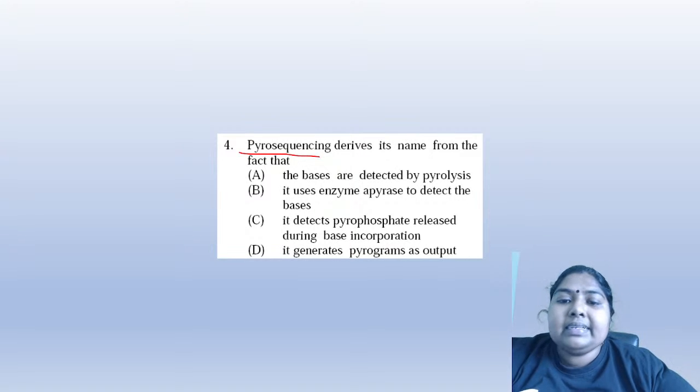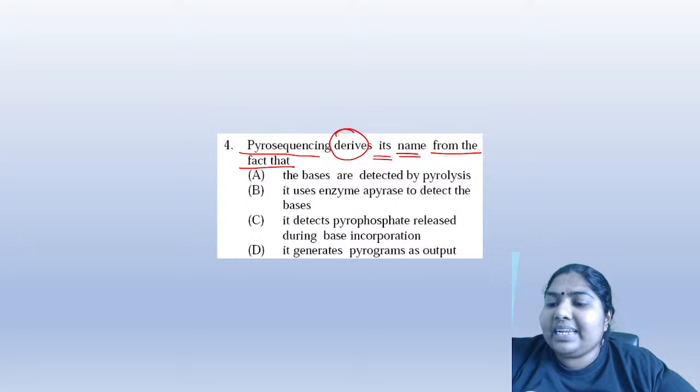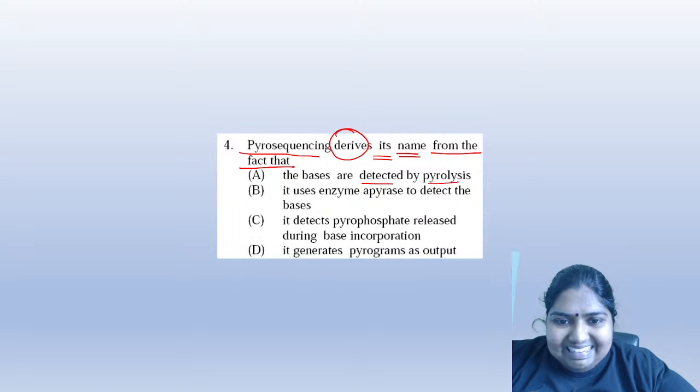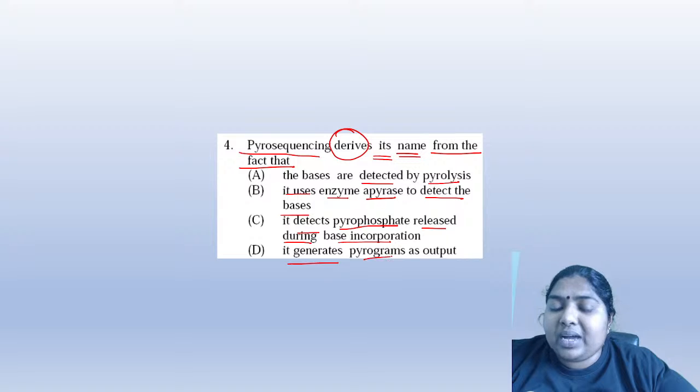So pyrosequencing derives its name from a particular fact. The options say that the bases are detected by means of pyrolysis, it uses the enzyme apyrase to detect the bases, it detects pyrophosphate released during base incorporation, or it generates pyrograms as output.